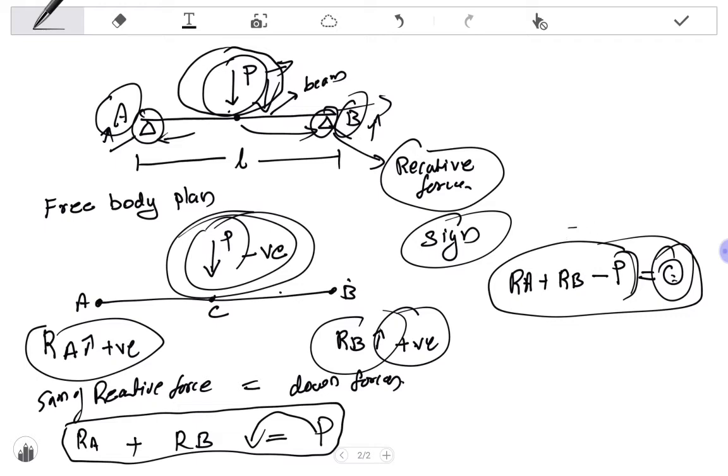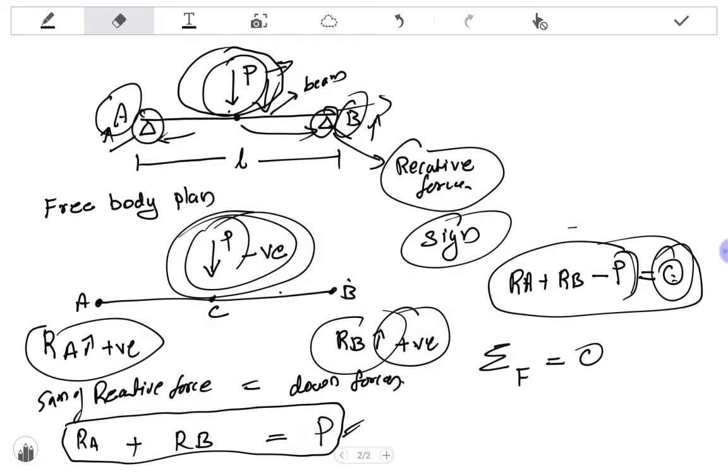So the statement I said is the summation, that is sigma, of all the forces is equal to 0, correct? This you guys also understood, right? The summation of reactive forces is equal to the downward force.